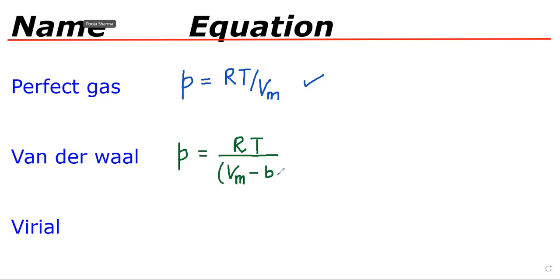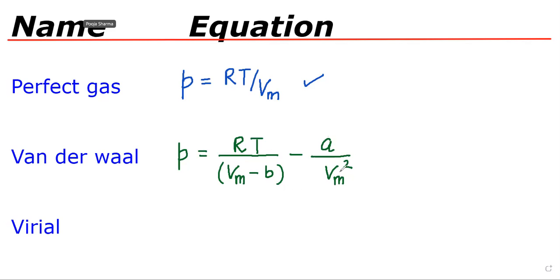So you write it better like this, Vm minus b, and then there is a molecular correction due to attractive terms, minus a divided by Vm square. Here you do not put b. You put b only here because it is the container volume you take.